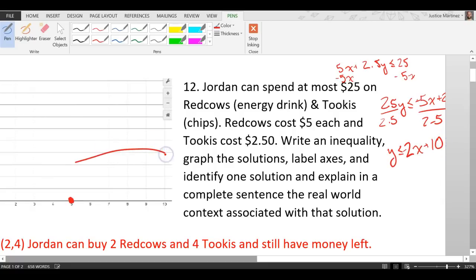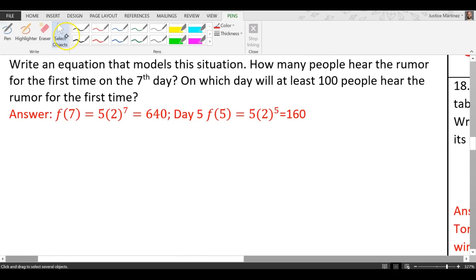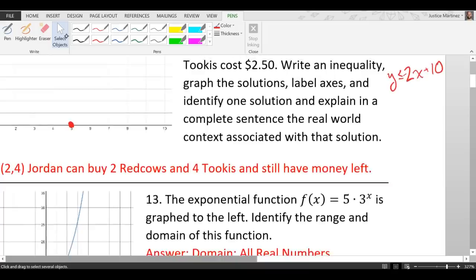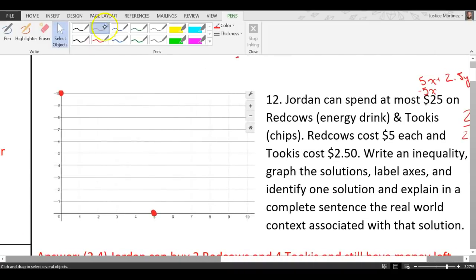Well, let's see how that works out when I go in and graph this. Well, that means I'm going to go down 2 over 1, down 2 over 1, down 2 over 1, down 2 over 1.